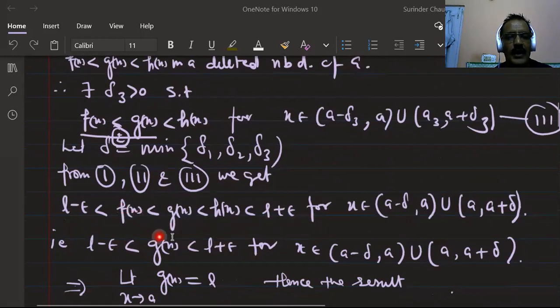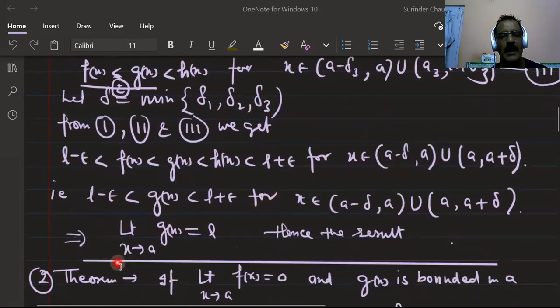Therefore, if you delete f(x) from here and h(x) from here, even then this inequality holds true. L minus epsilon is less than g(x) is less than L plus epsilon for all x belonging to the delta deleted neighborhood of A. This implies, by definition, limit x tends to A of g(x) is equal to L.